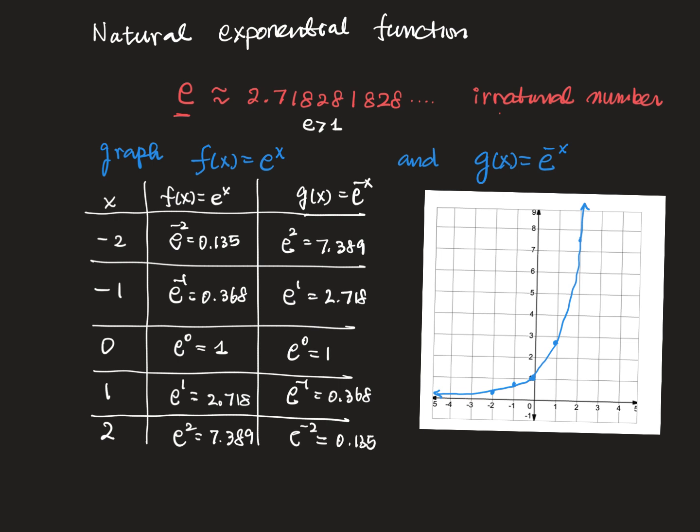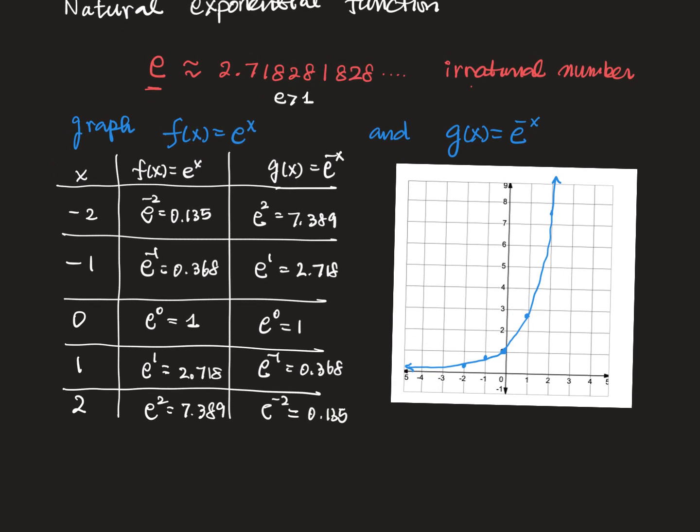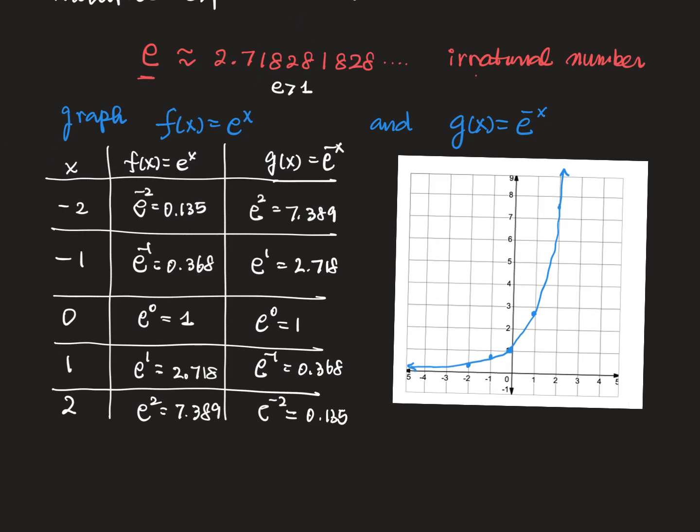So you sketch this one on the other side. You're going to see 1 here, 2 is right there, 0 here. That's the exponential y equals e to the negative x. The other one is y equals e to the x.